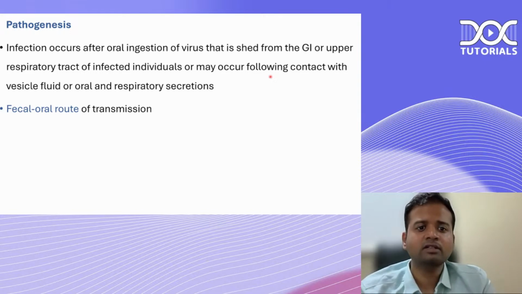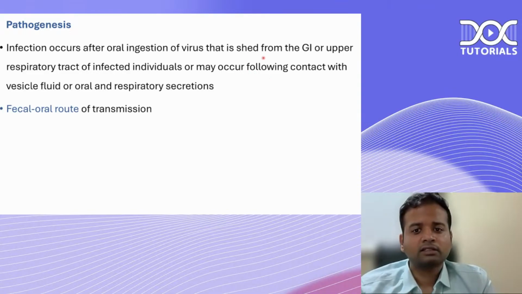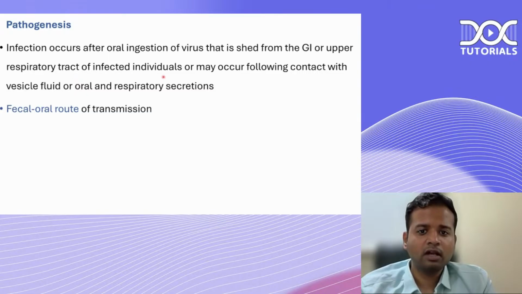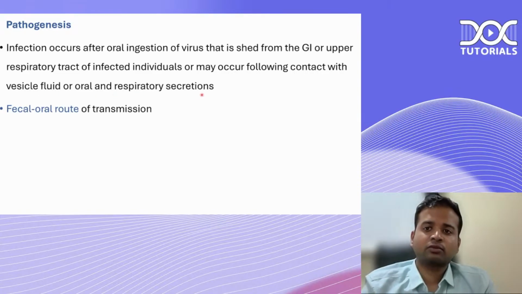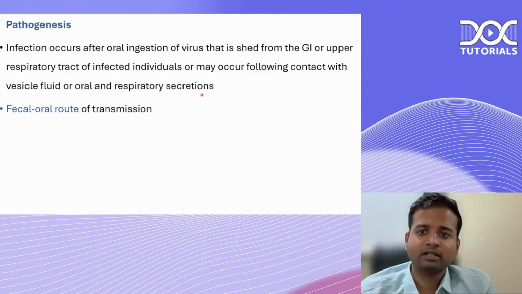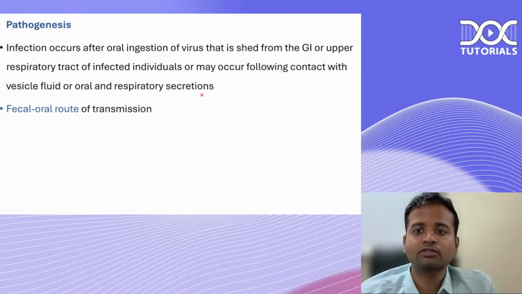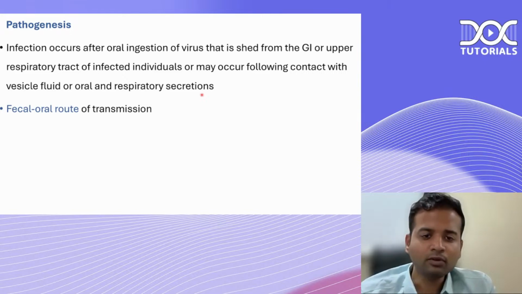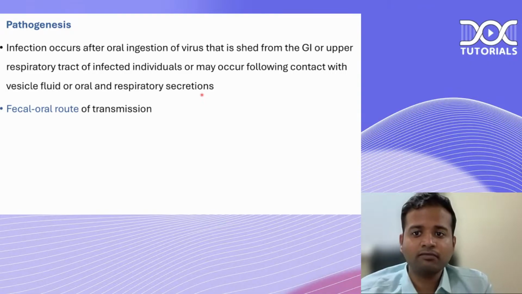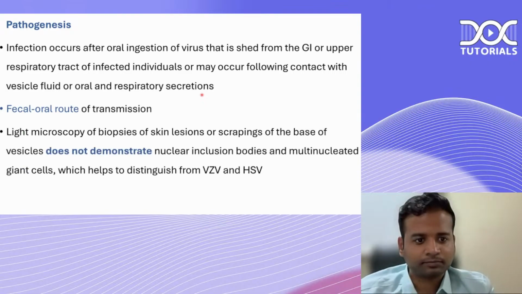Infection occurs through oral ingestion of the virus that is shed from the GI or upper respiratory tract of infected individuals, or may occur following contact with vesicle fluid or oral and respiratory secretions. So oral secretions, respiratory secretions, gastrointestinal secretions, or the vesicle fluid. If any child comes in contact with another child with ruptured vesicles, that fluid is also infective. So these are the various routes of transmission from one child to another.